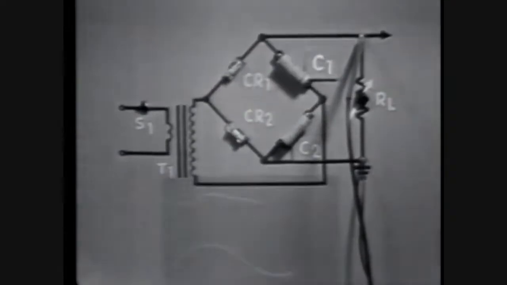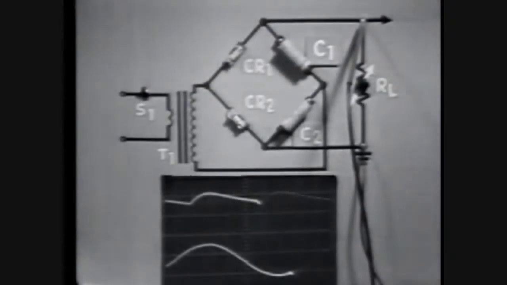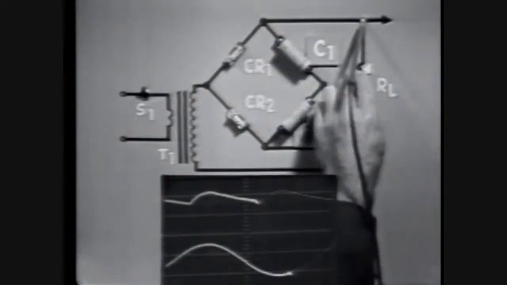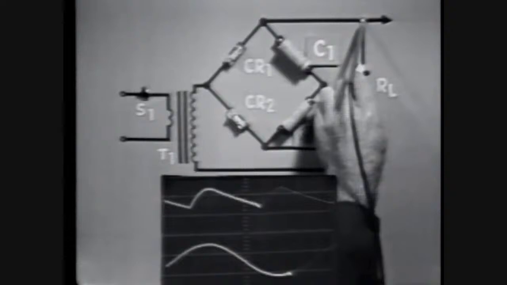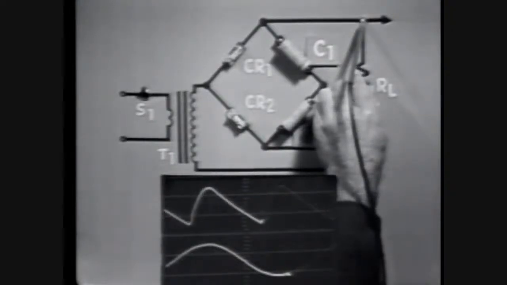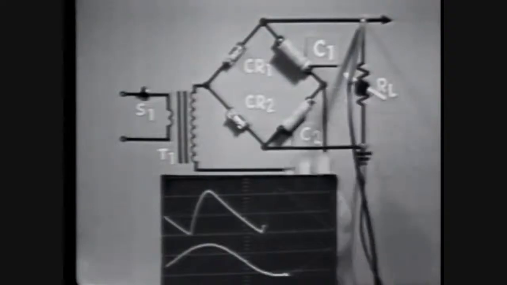Therefore, output voltage is maximum for this resistance, and output current would be minimum. Now, decreasing the value of resistance or increasing the load increases the current drain, and the average output voltage decreases. Notice also that the ripple amplitude has increased.